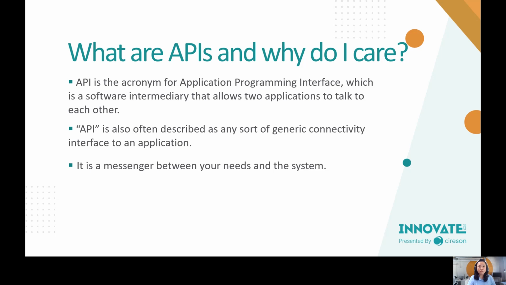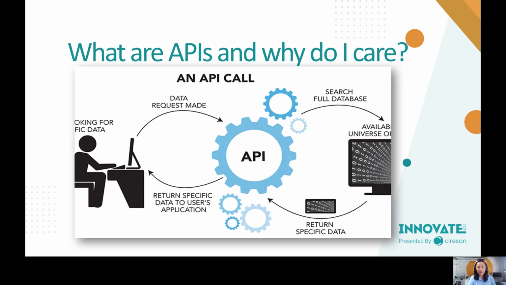But in layman's terms, to simplify things, an API simply acts as a messenger between the user's needs and the system's response. So in a typical API call, you would have a requester, which is usually the user.